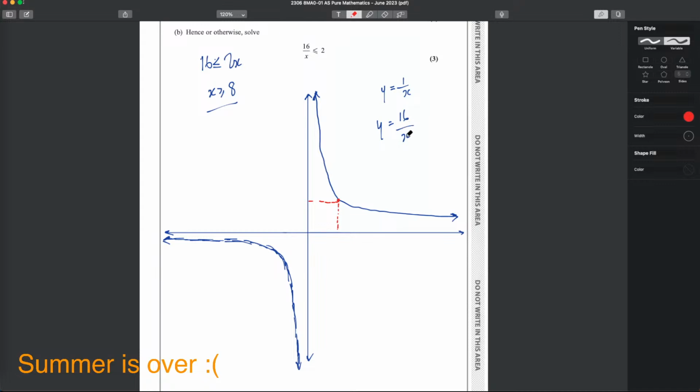When they're equal. 2? No. Well, 2, no, 4, right? 4. Why was I blanking on that? 4.